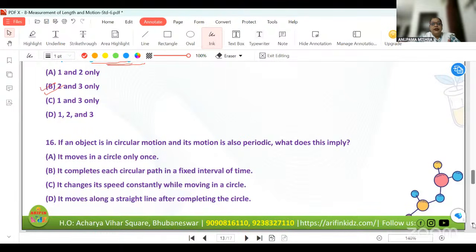It completes each circular path in a fixed interval of time. It changes its speed constantly while moving in a circle, or it moves along a straight line after completing the circle. Please read the option properly.